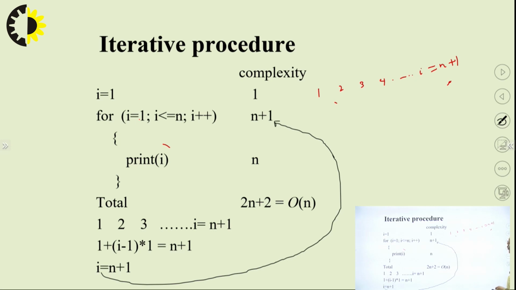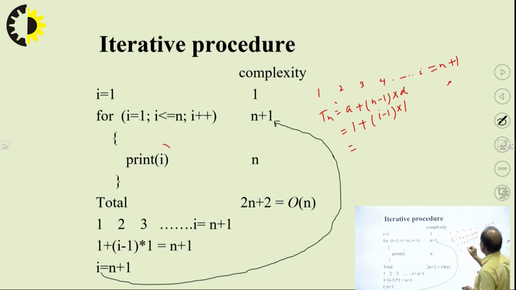If we compute this using arithmetic progression, the nth term is given by a plus n minus 1 times the common difference. So if a is the first term and we are interested in the ith term, the common difference is 2 minus 1.